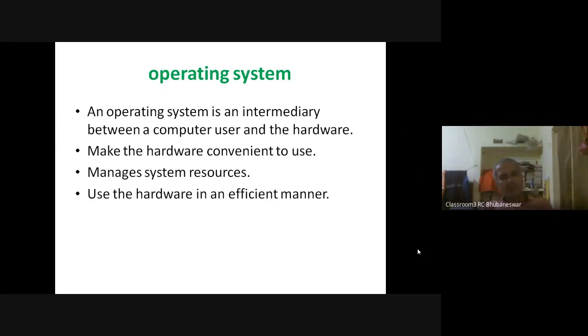Without those software, the computer can run, but our particular task cannot be fulfilled. Those types of software are known as application software.